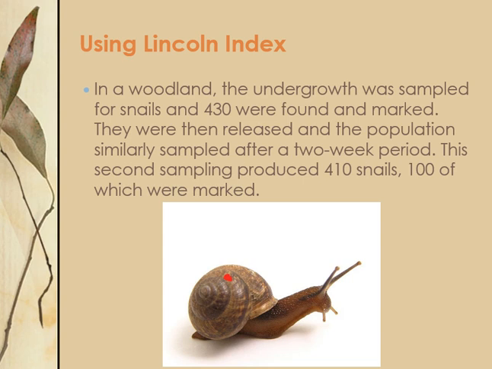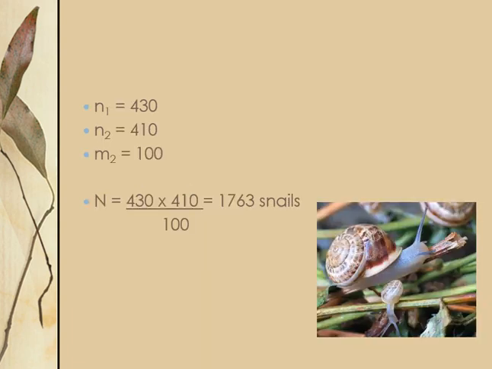The second sampling produced 410 snails, 100 of which were marked. So the marked ones are 100, right? The unmarked ones are 410 minus 100, which is 310, right? 310.